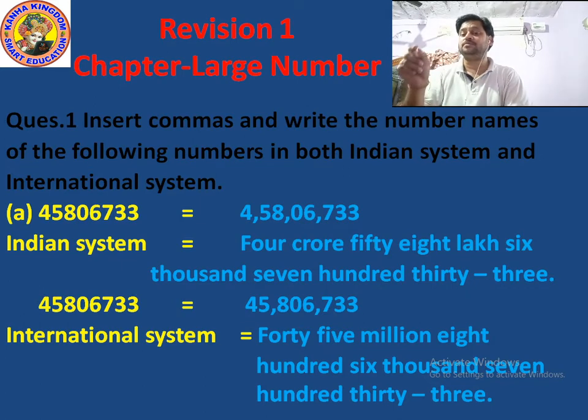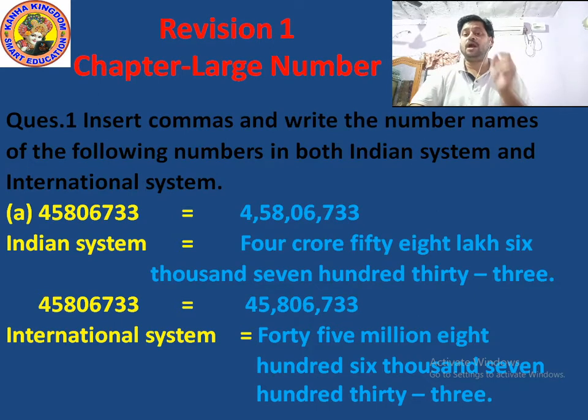How can you read 06? 06 or just 6? Just 6. 6,000, because 6 is in thousand period. And finally 733 means 733. So exactly how can you read this number? Yes, 4 crores 58 lakhs 6,733. This is the Indian system.